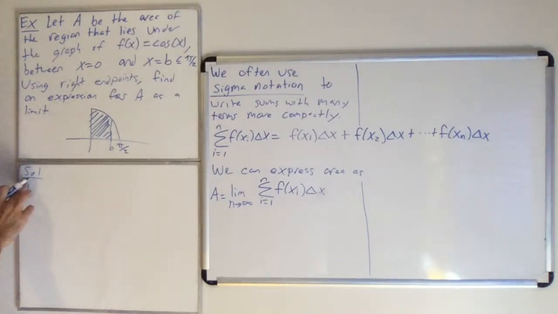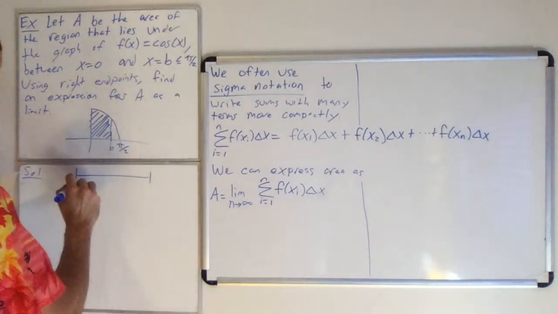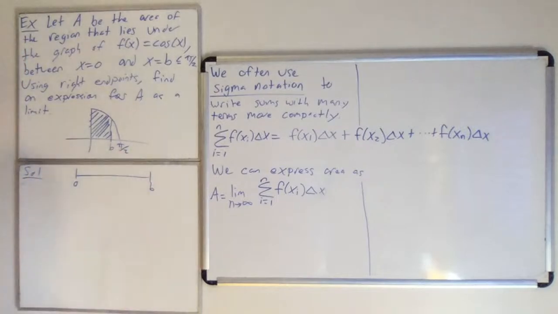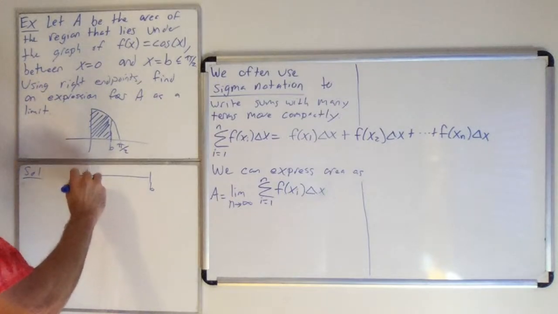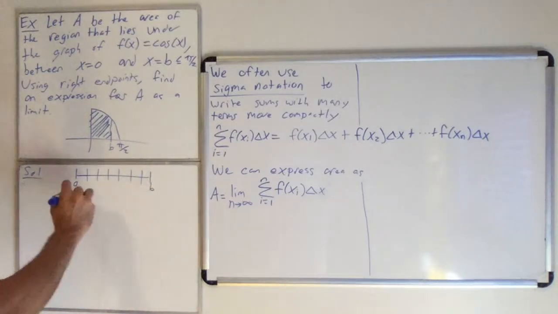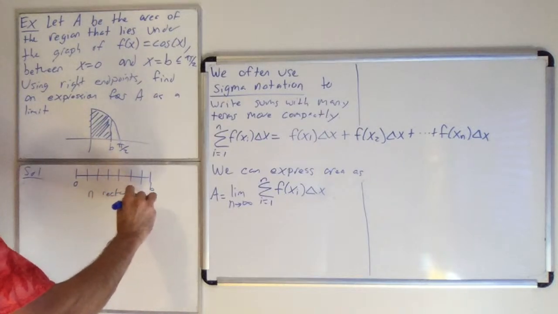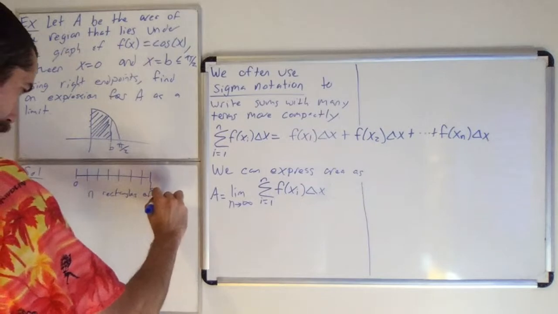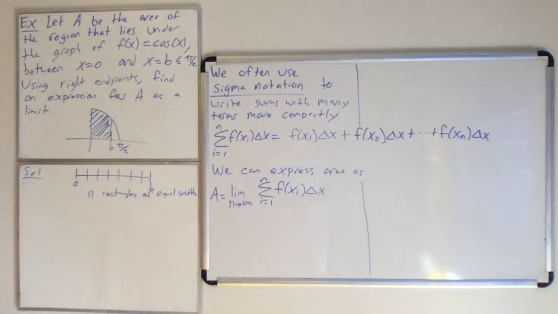Okay, so let's just take a look at our number line. We're going from x equals 0 to x equals b, and we're going to break it up a bunch of times. So we're going to break it up into n rectangles of equal width.